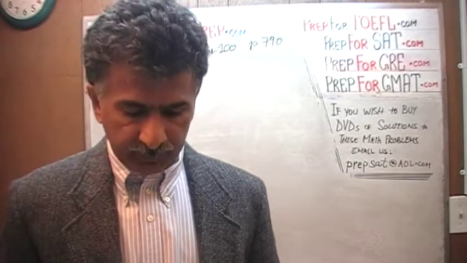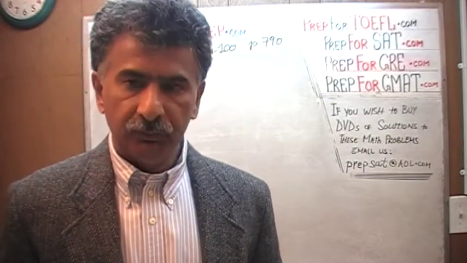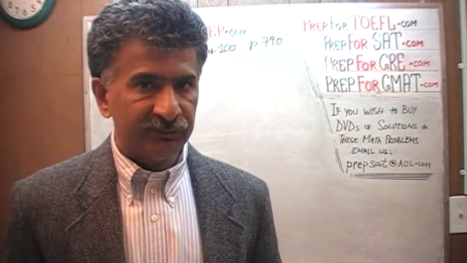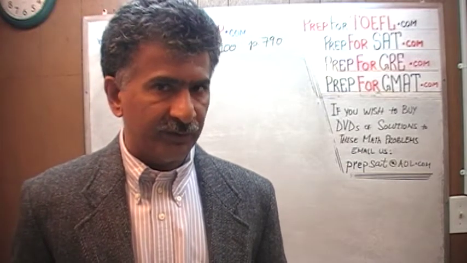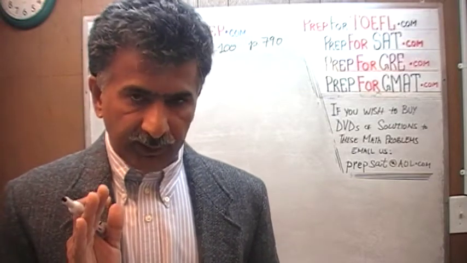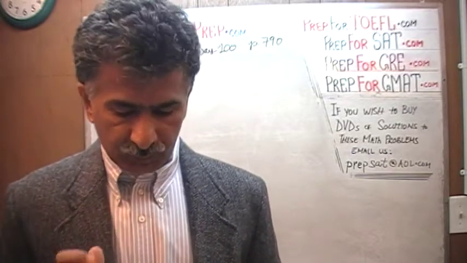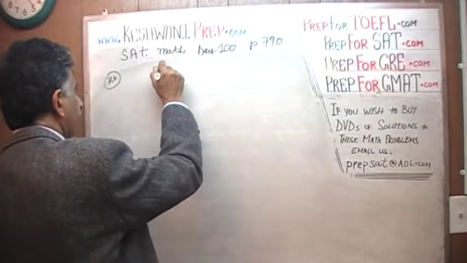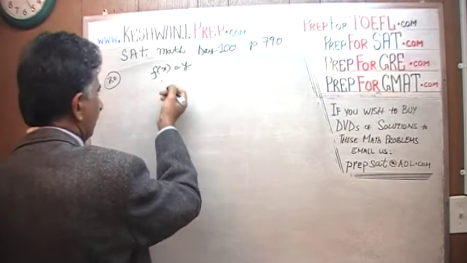So as you turn to page 790, and look at the two graphs there, you will see that we have two graphs. The graph on the right hand side is the same graph as the original graph on the left hand side, but it has been shifted, it has been moved. And as a result, we have a new function. The question simply is, this is the original function here, f of x, let's call it y, y equals f of x.